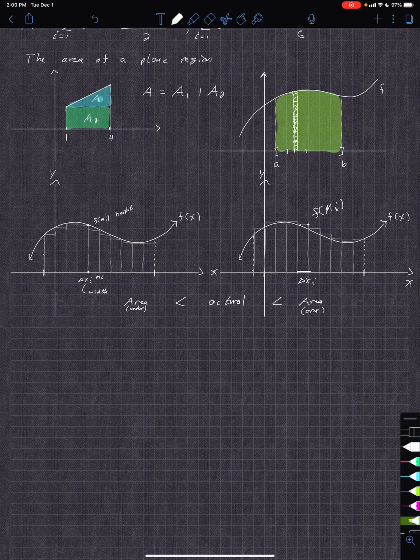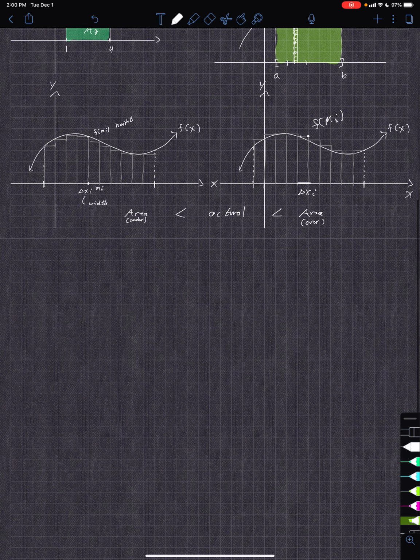Okay, so here's the idea. Let me just keep going a little bit here. Within each interval, there exists, where backwards E means there exists, a maximum and minimum. This is how I'm basically not just talking, I'm going to define stuff.